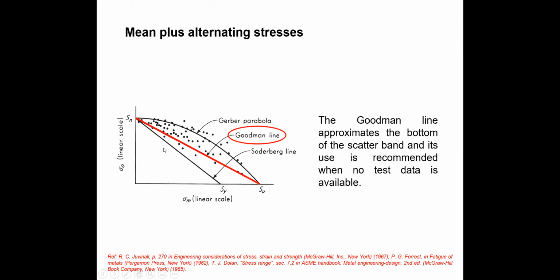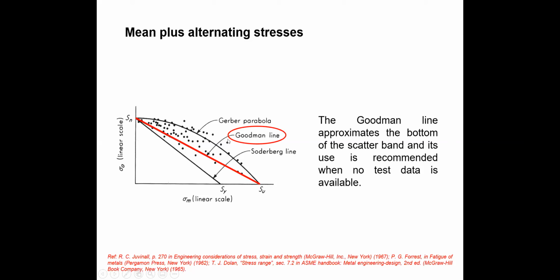But if you apply sigma A and sigma M together, assume this is the sigma M value, you can draw the line. If it reaches this line, that y coordinate gives the maximum sigma A you can apply. You can't apply above that value, even though the endurance limit of this material has some value like Sn, because we already apply sigma M here.